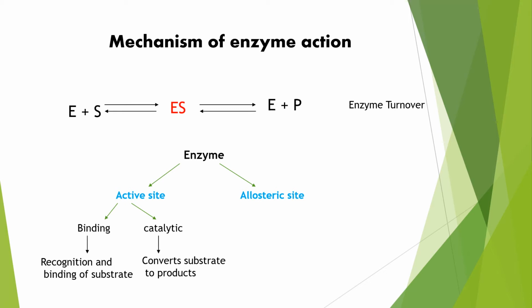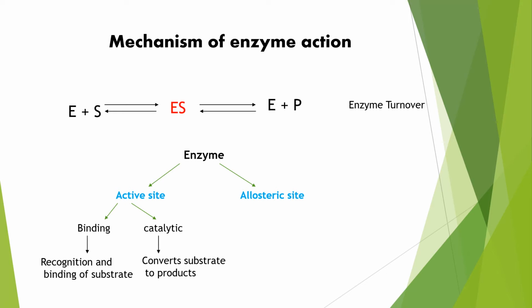Okay, now we will discuss the mechanism of enzyme action. We know that enzyme has its specific substrate, or substrate has its specific enzyme. When both of these combine, they form an intermediate compound which is called enzyme substrate complex. This is a reversible reaction. This enzyme substrate complex can be converted back into enzyme and substrate as well.